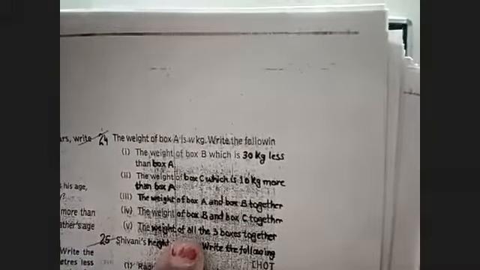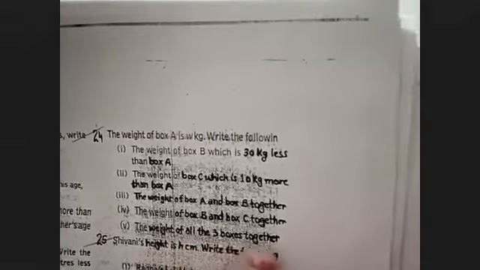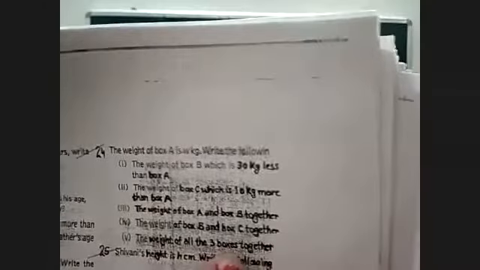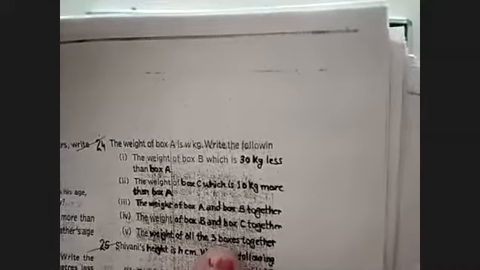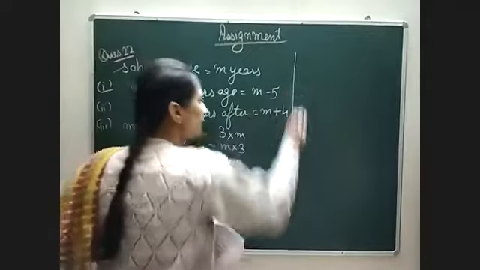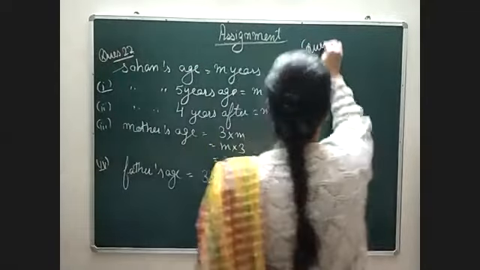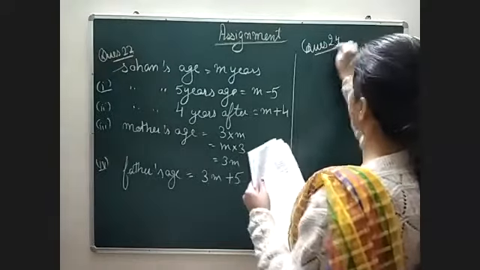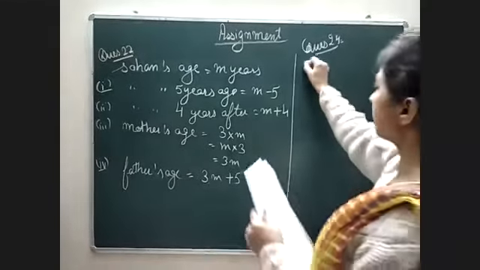Then is part 5. The weight of all 3 boxes together. For A, B and C, we will be adding. So let us do question number 24.